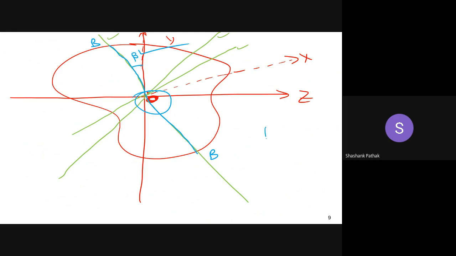So beta will be 90 degrees in case of symmetrical bending, correct? That we already know. But here beta will not be 90 degrees. It can be something else, but it will not be 90 degrees in case of asymmetrical bending. So basically we want to identify this value of beta.